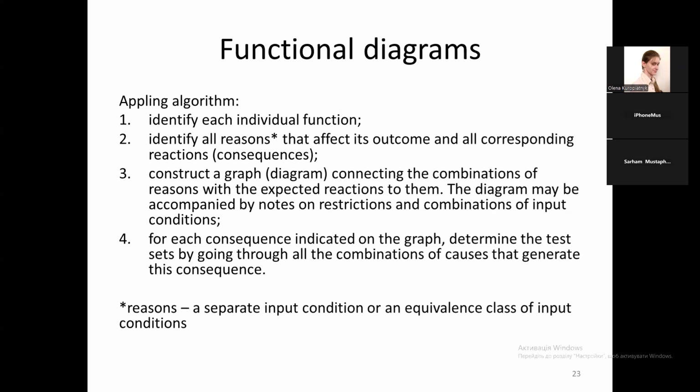In the first step, we identify each individual function. After that, for this function, we need to identify all reasons that affect its outcome and all corresponding reactions or consequences.